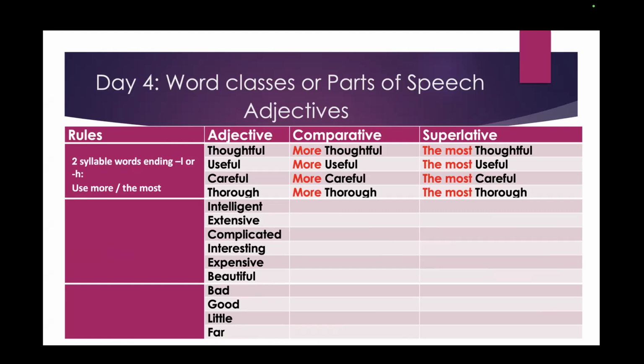So it's incorrect to say, for example, usefuler or carefuler. We have to use more useful, more careful, or the most useful, the most careful. So these are two-syllable words, but that end in L and H.